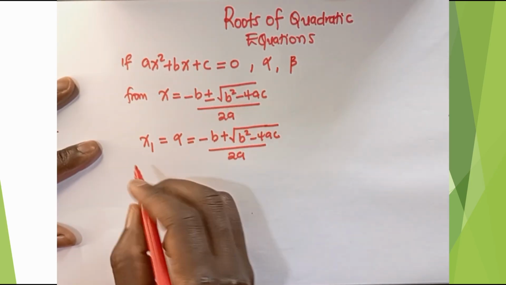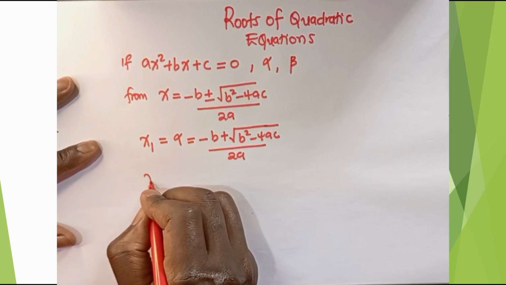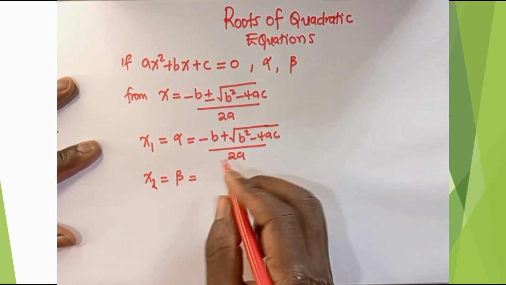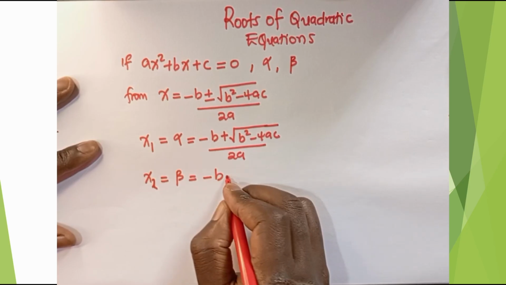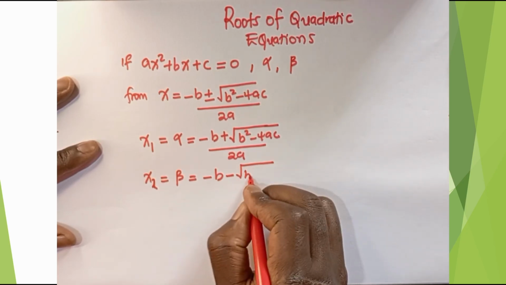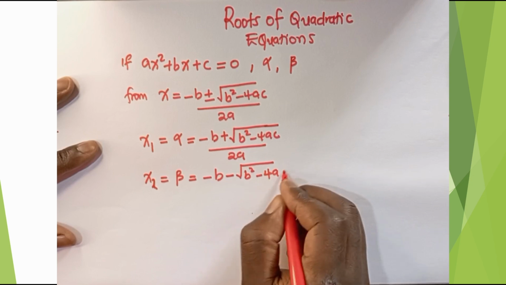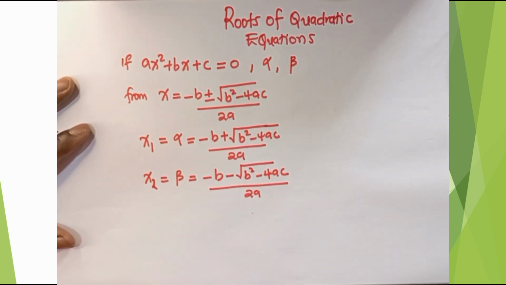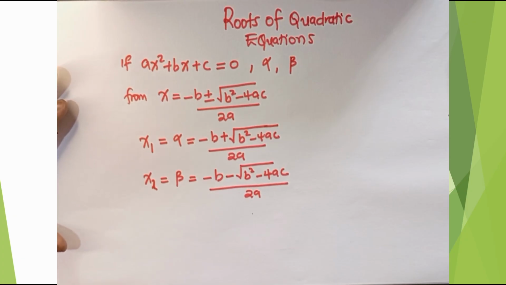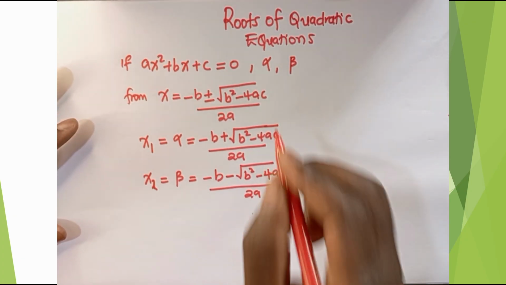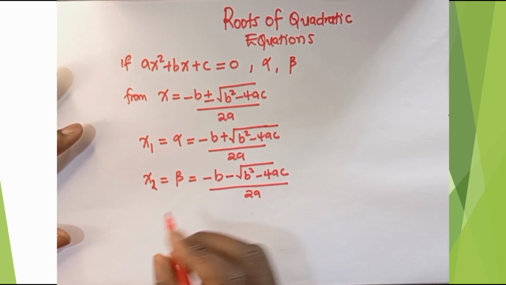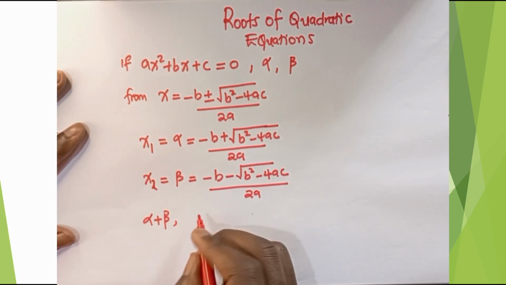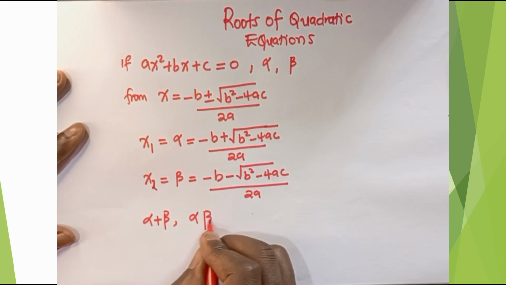The next one that you always have is x2, which is the beta, and that is negative b minus the square root of b squared minus 4ac out of 2a. Now, I want you to stick with me so that you can understand where we get alpha plus beta, and also where we get alpha beta.